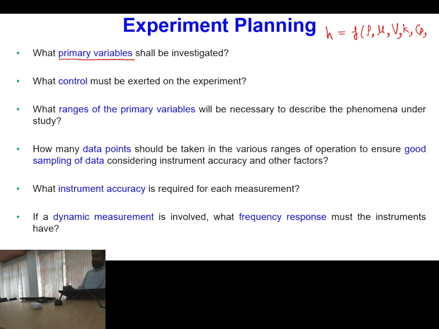Geometry. So it is a function of so many parameters. But ultimately, whenever we non-dimensionalize, then I say that the Nusselt number is a function of the Reynolds number and the Prandtl number.